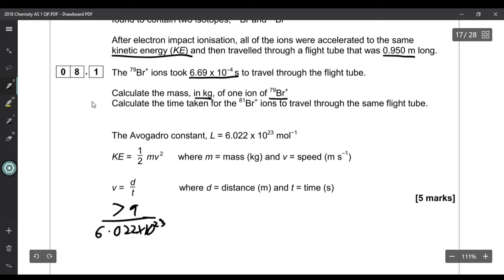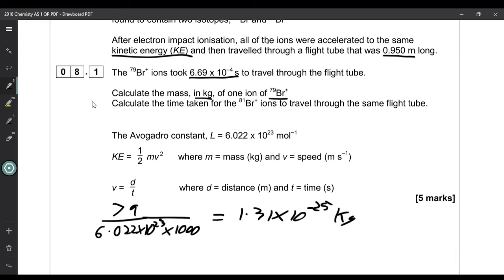Now this will give our answer in grams. We want to know the answer in kilograms, so we just further divide that by 1000, and that gives us an answer of 1.31 times by 10 to the minus 25 kilograms.